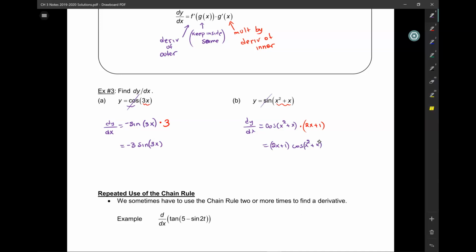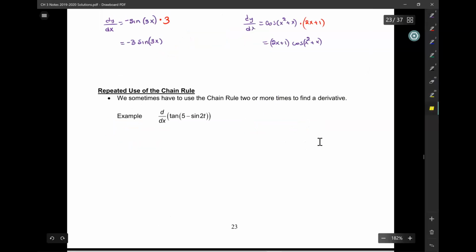Okay. Now, this is too simple a problem. Because now what if you have sine of, cosine of, tangent of 2x? So one nested in another and another and another. That's when we do the repeated use of the chain rule.